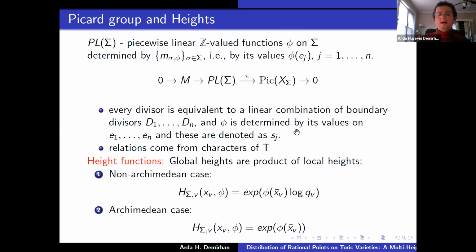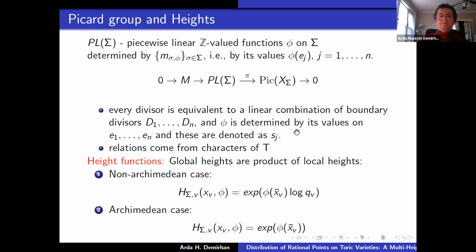To obtain a global height as a product of all local heights over all valuations, first we need a working knowledge of local heights, which depends on the type of the valuation. For the non-Archimedean case, it is h_{Sigma,v}(x_v, phi) equals the exponential of phi(x bar v) log q_v.